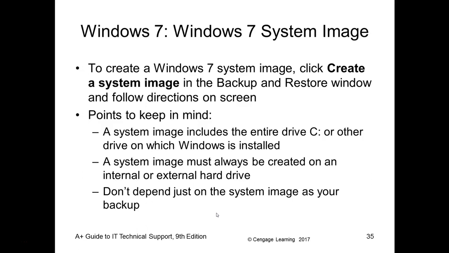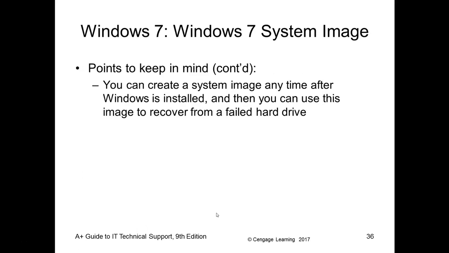Don't depend on just the system image as your backup. It is a great backup, but those crucial files, you're going to want to back those up separately. Kind of going back to what we talked about before, you never want to just have one copy of that backup. You really want to have more than one.